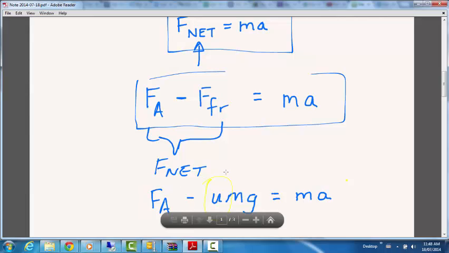We're told that the FA is 10 newtons, so we're going to add that in a moment. So I'll write it down simply as FA. We can write in a specific expression for force of friction. We know that for an object that moves along a level surface, the expression is mu mg.